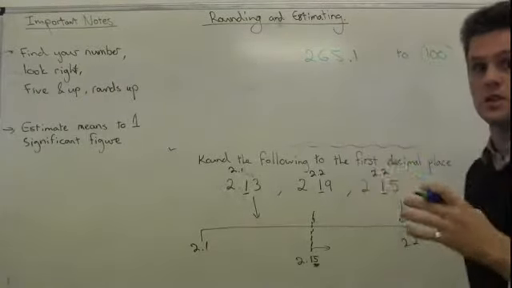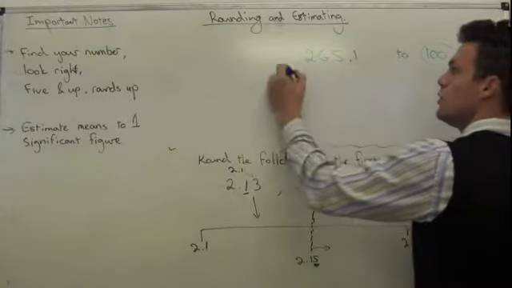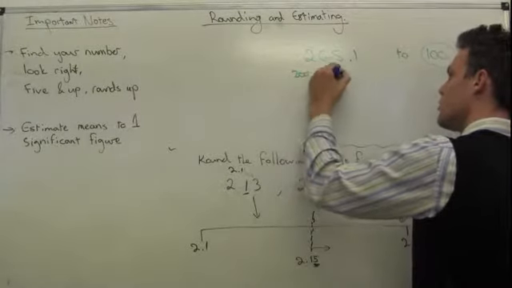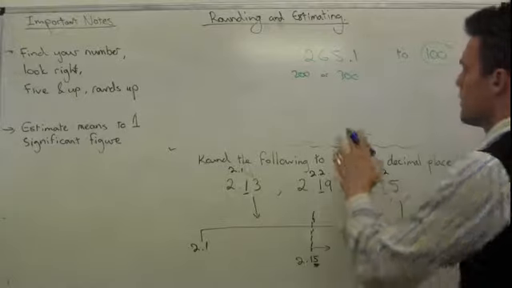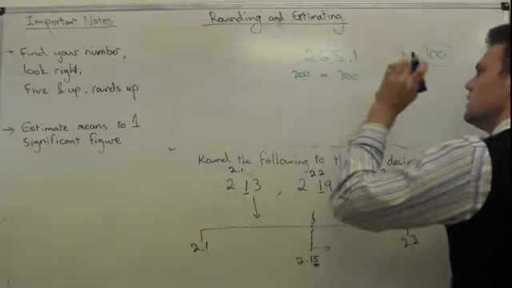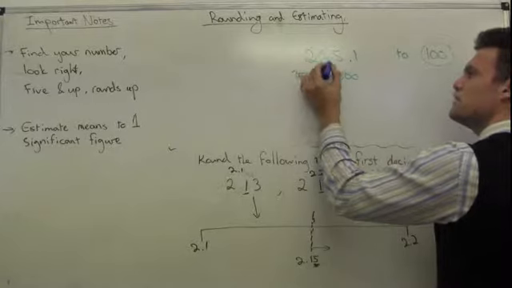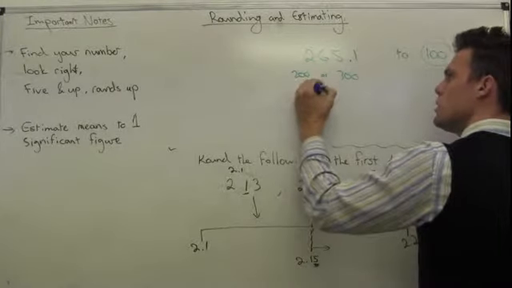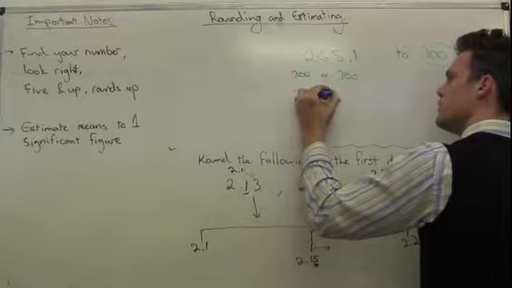Okay, first I've got to make my decision. It's either going to be 200 or 300. There's 265.1 sits between those. But 265.1, that's bigger than halfway, because we know that halfway is going to be 250.